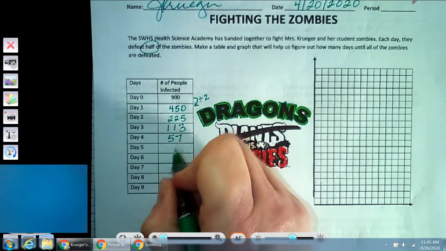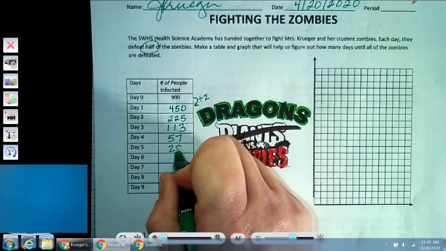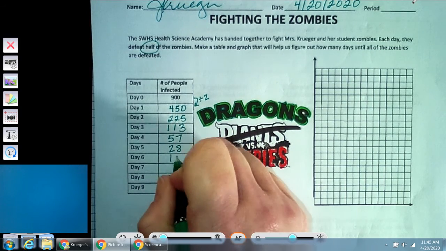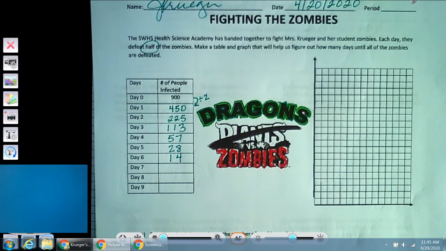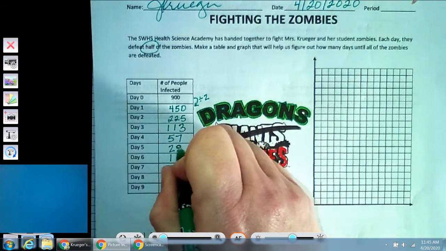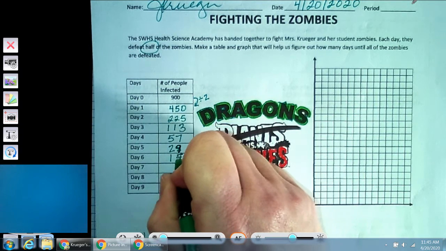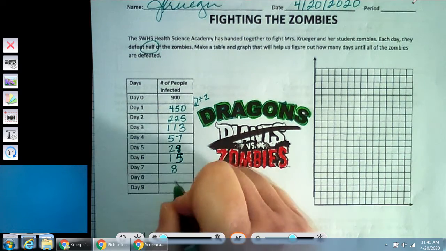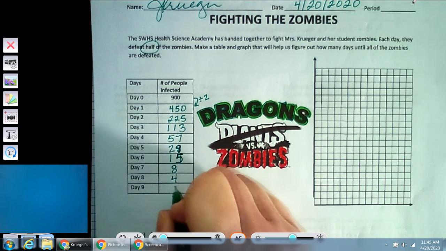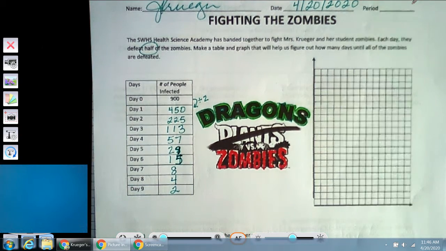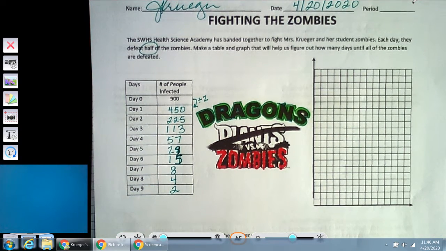Then that's going to be 29, 15, 8, 4, 2.